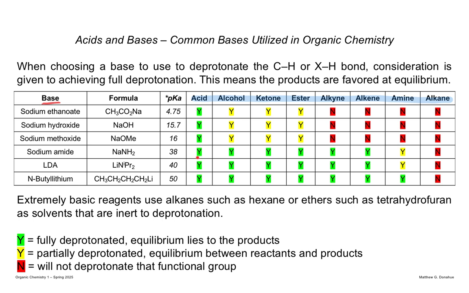And the take-home message is wherever there's green, that's the most appropriate base to use to deprotonate that functional group. Any of these six bases, when reacted with a carboxylic acid, will fully deprotonate them. If you had, say, an amine, an NH bond, you'd have to get down to the stronger bases to fully deprotonate them.